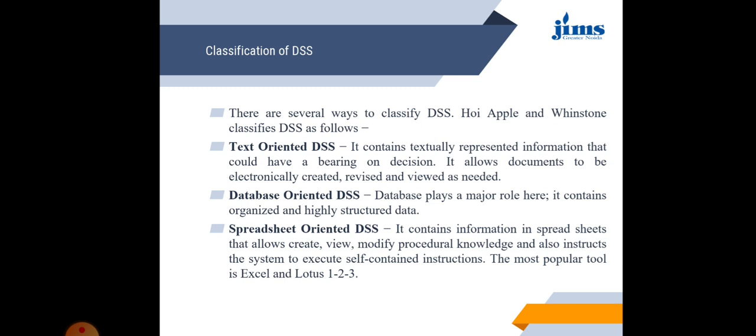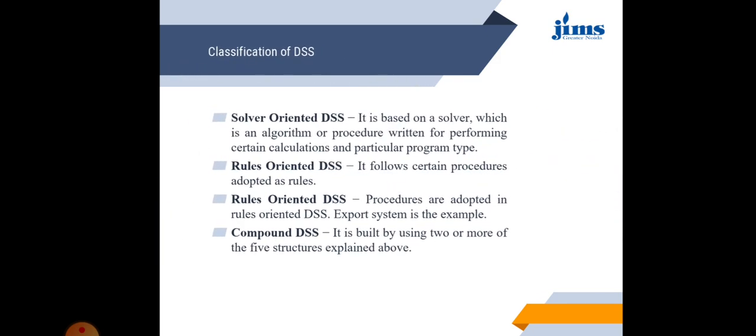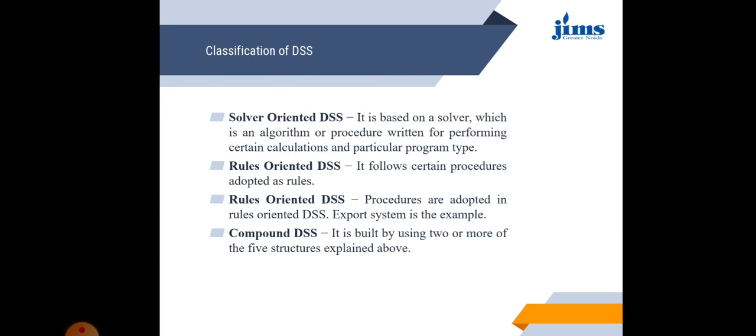The most popular tools are Excel and Lotus 123. Solver oriented DSS is based on a solver, which is an algorithm or procedure written for performing certain calculations in a particular program type. Next is the rules oriented DSS, which allows certain procedures to be adopted as rules.